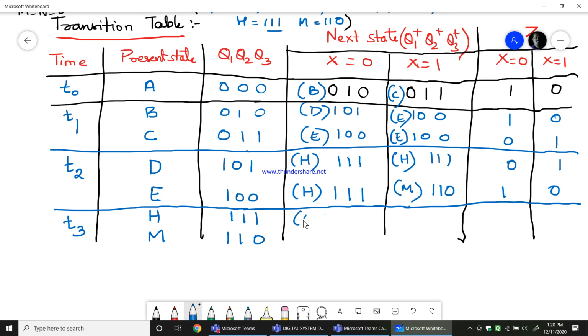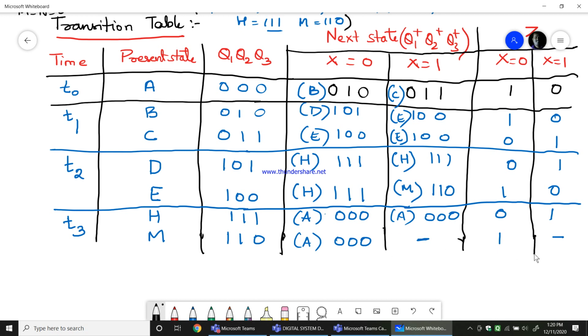Therefore you get A, and this is A and this is we don't know, dash. Therefore A is all zeros. So the output is 0, 1 for this and for this is 1, dash. This is the final transition table for BCD to XS3.